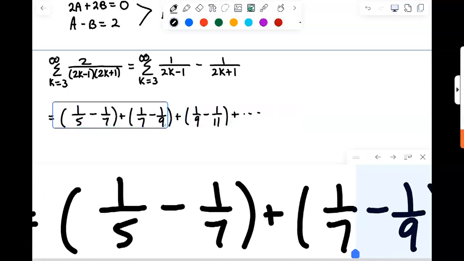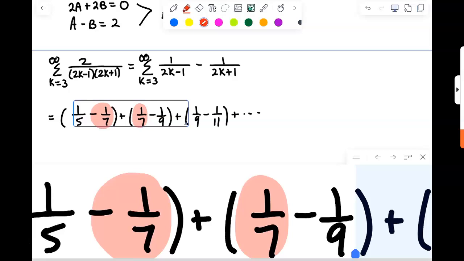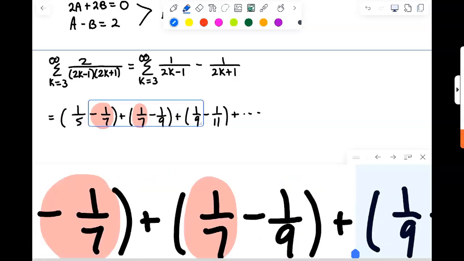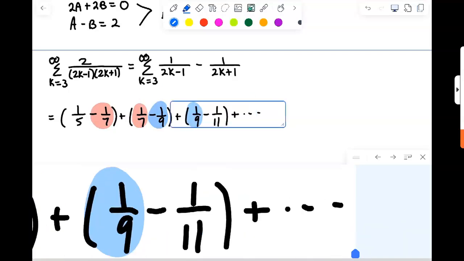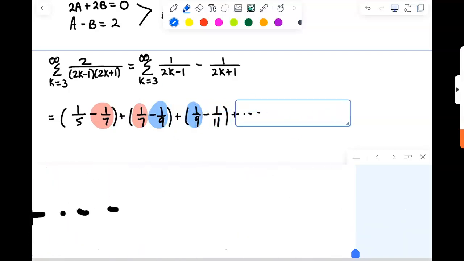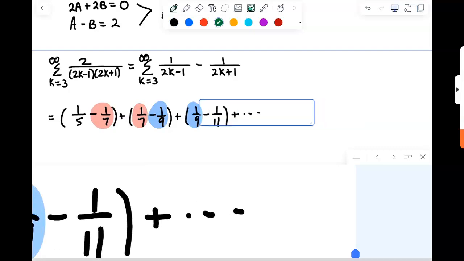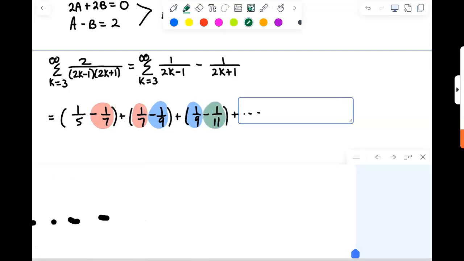And we notice that the successive terms cancel out quickly here, right? The 7s cancel out, the 1/9 cancels out, the 1/11 would cancel out on the next one. Because they are happening successively, I don't have to backtrack as much as I would if there was a gap between them. So of course the 1/11 will cancel with the next one.